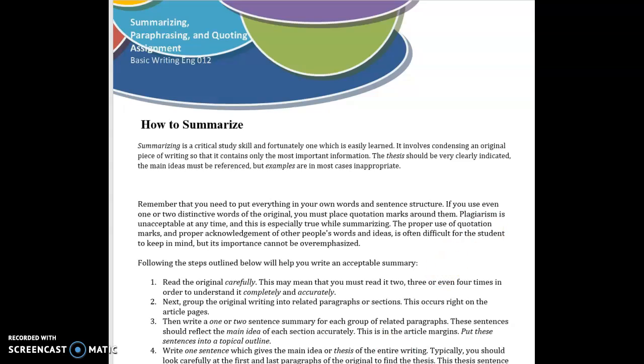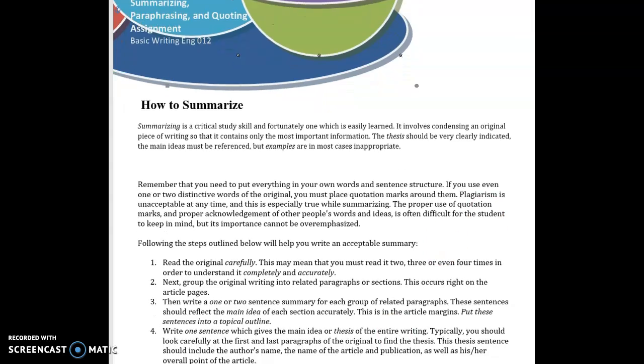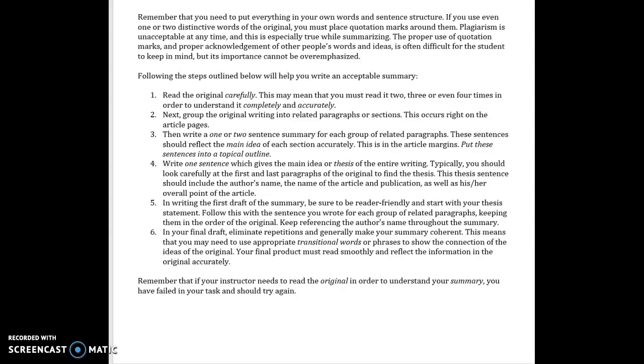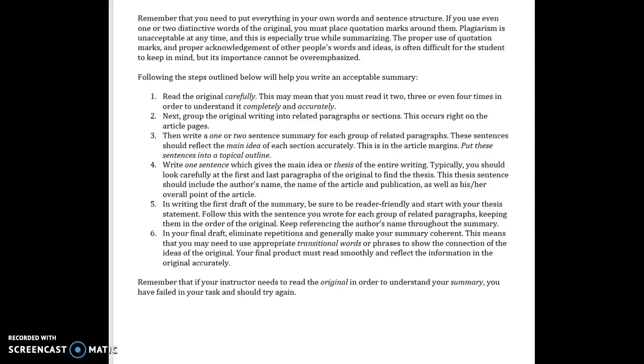You need to put everything into your own words and sentence structure. If you use even 1 or 2 distinct words of the original, you have to put quotation marks around them. It's plagiarism if you don't do that.